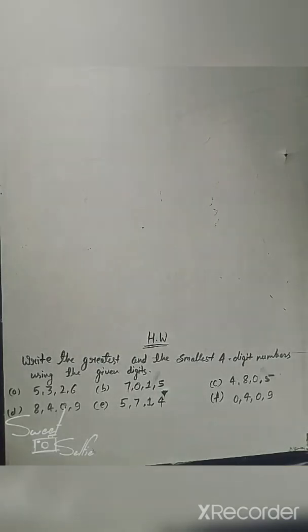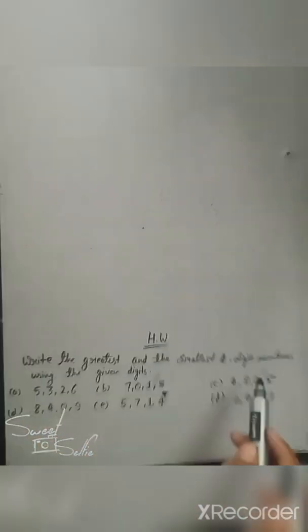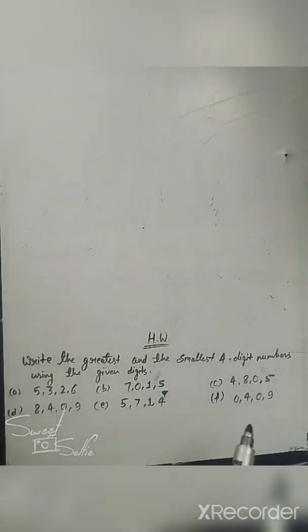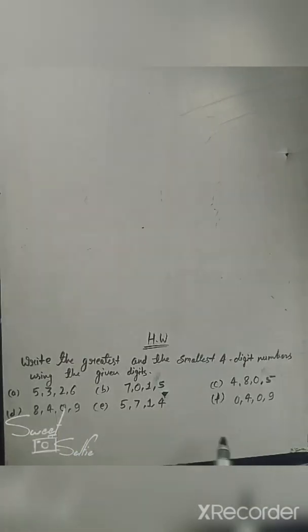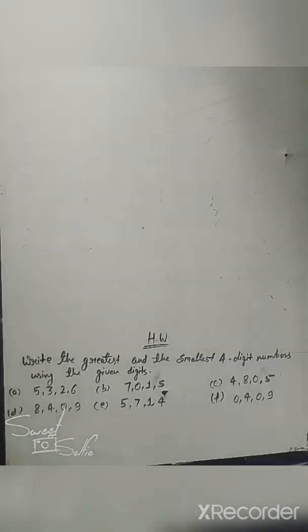This is your homework that you have to do. Write the greatest and the smallest 4-digit number using the given digits. There are 6 questions. Using these digits you have to make the greatest and smallest 4-digit number. Okay, so keep learning and be safe.